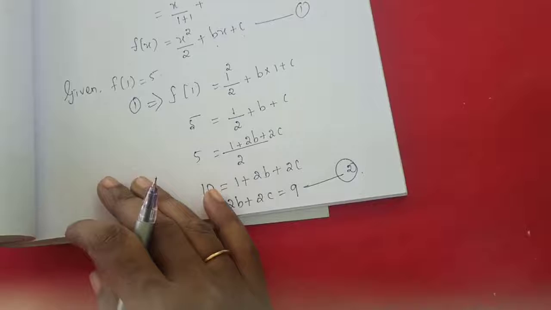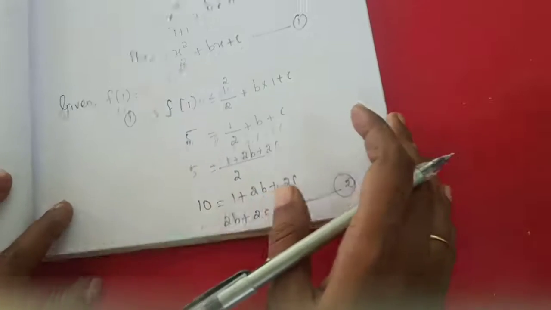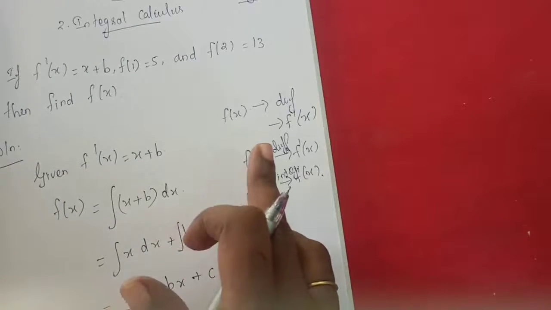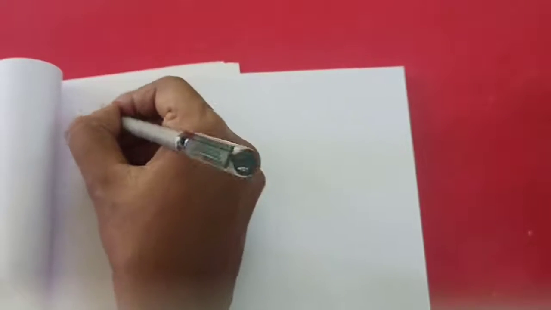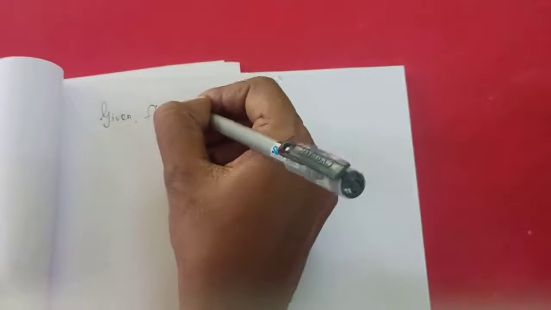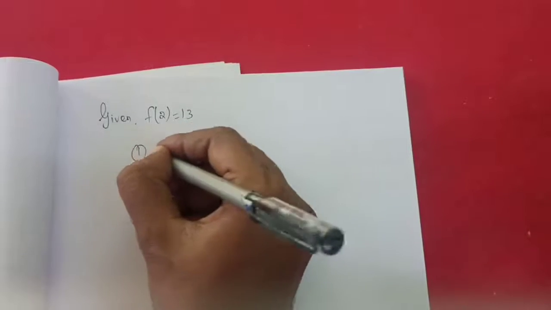Understand? F of 1 equal to 5 I have substituted. Same as that, one more value was given in the question, f of 2 equal to 13. We are going to substitute that also in equation number 1.